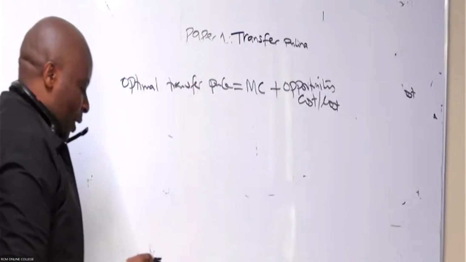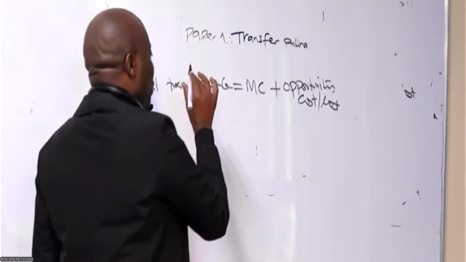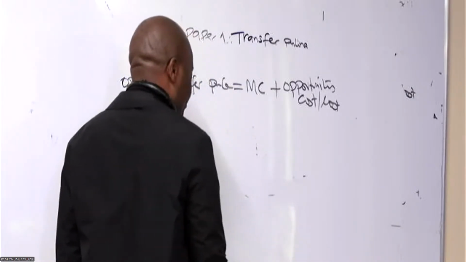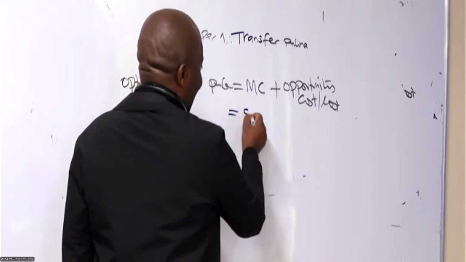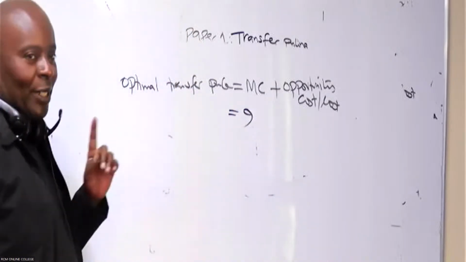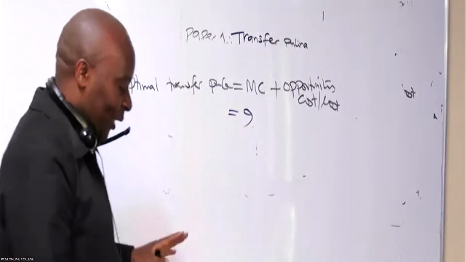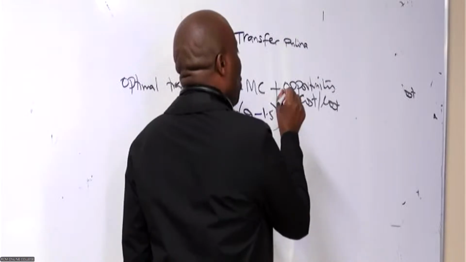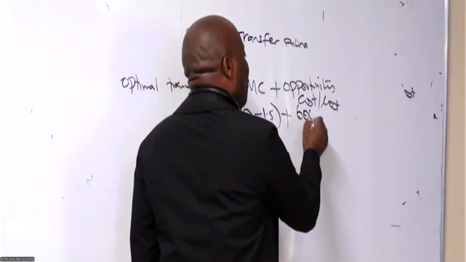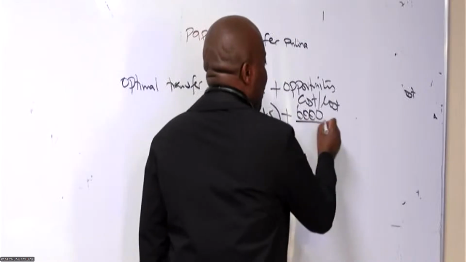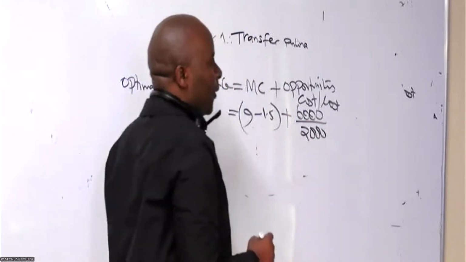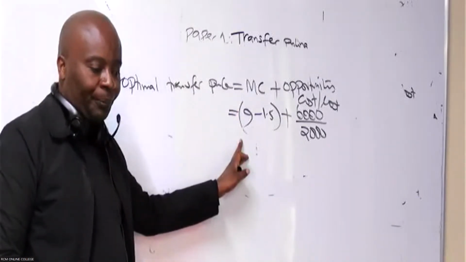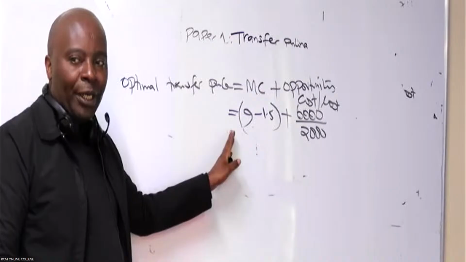So if they want us to change, remember we have an alternative use for Z. The marginal cost still remains at 9. Variable cost was 9, isn't it? But don't forget that we are still going to save on the packaging. And the opportunity cost here is the profit of 6,000 from 2,000 kilograms, which is cost per kilogram, cost per unit.